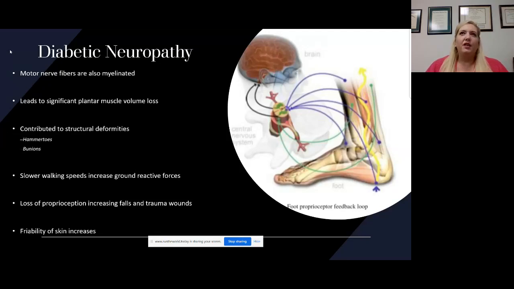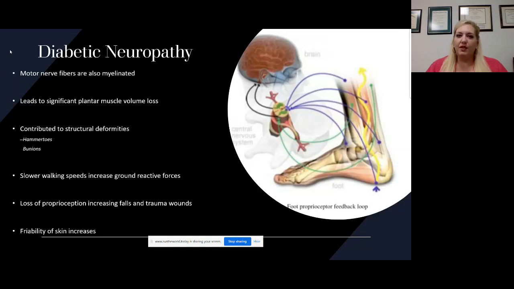So we talked about the importance of not only that sensory neuropathy, but also the motor neuropathy and really the bad outcomes that can develop when those motor nerves become demyelinated. And we'll see a significant plantar muscle volume loss, and those hammer toes develop, bunions develop. Additionally, patients will have slower walking speeds. So the plantar pressure increases because their ground reactive forces increase.